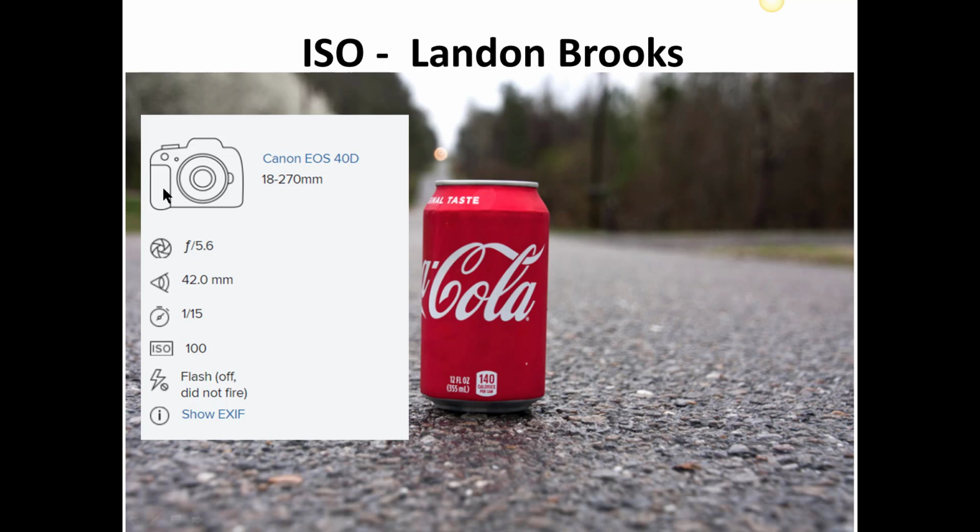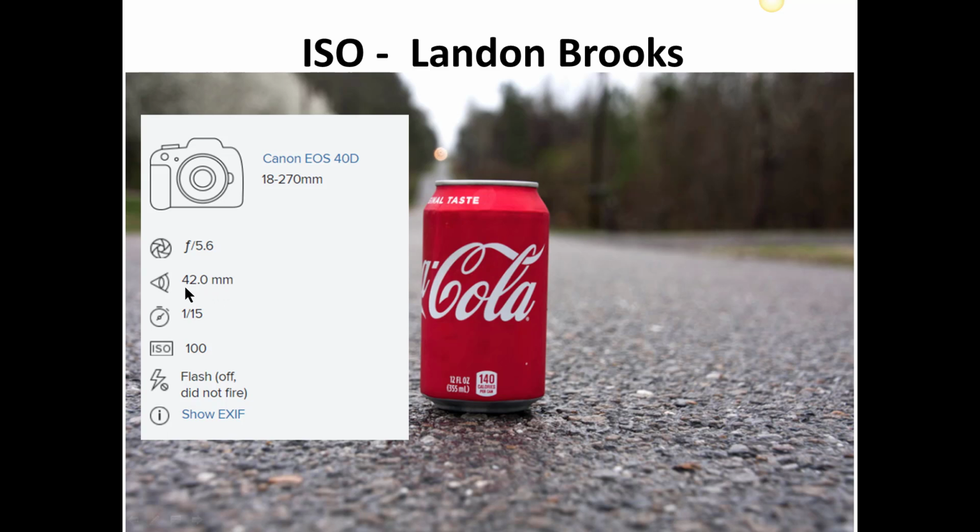Now, this is information that comes from Landon's camera, and it is because Landon puts this image and other images that he's taken for the class on Flickr that I can go and look and see what settings were used. Now you should tell me for each photograph what settings you're using in terms of the f-stop, in terms of your lens that you're using.